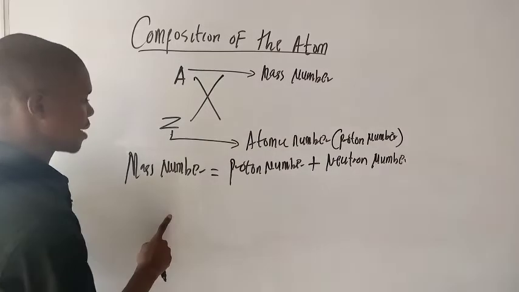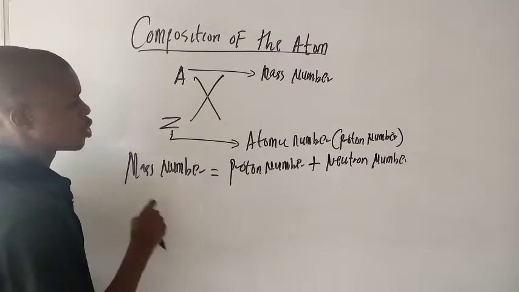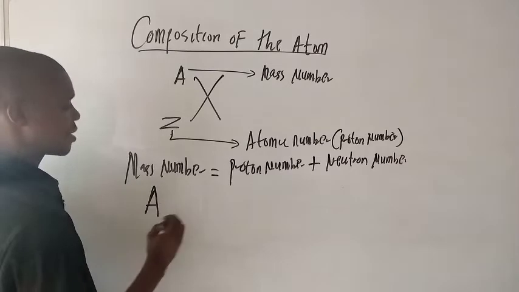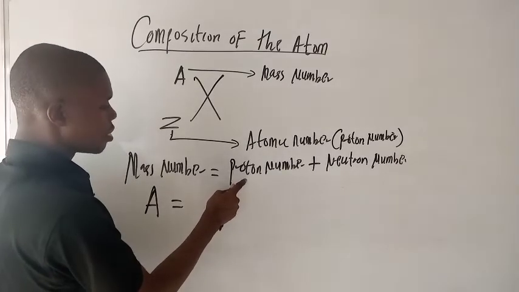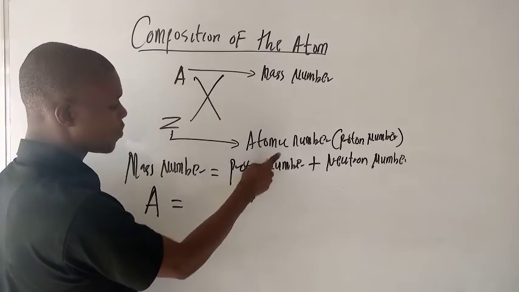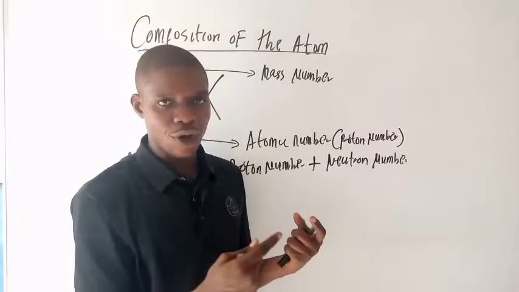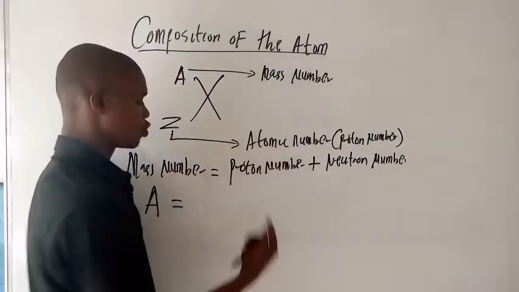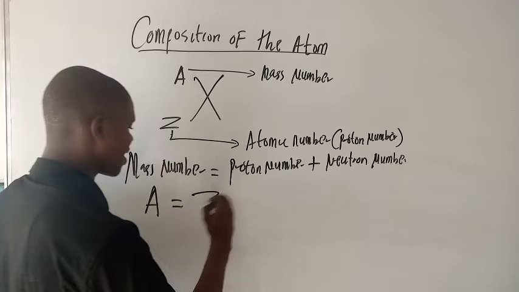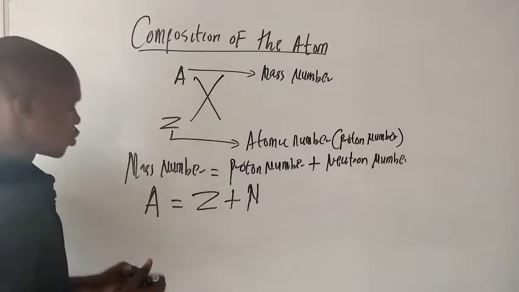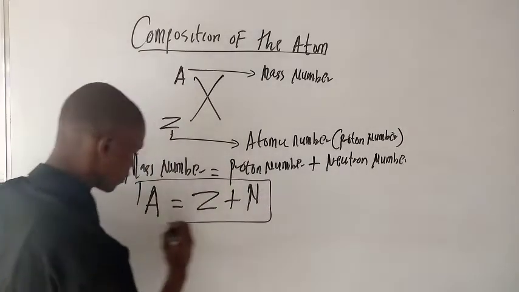So mass number is just the nucleus number and is represented as A, equal to Z plus N. Z, the proton number, is just the atomic number. The number of protons in an atom is called the atomic number. You have to take note of this one here.